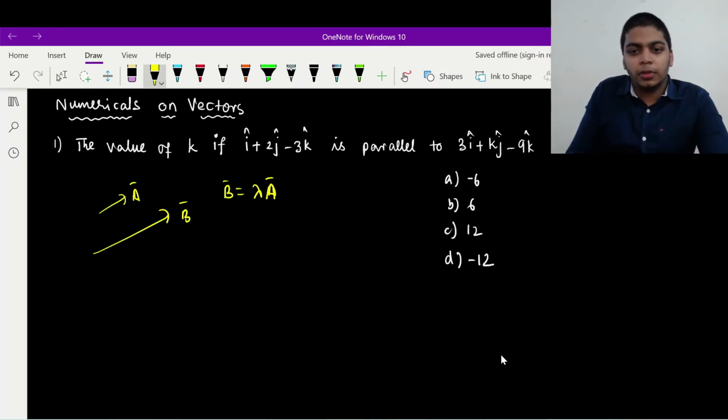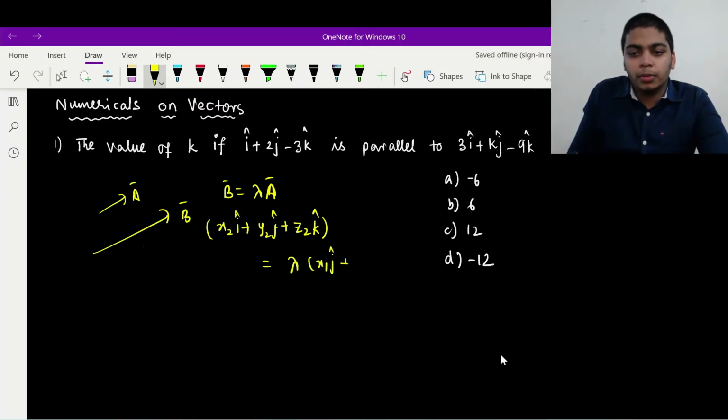With this concept, let's take our b bar as x2 i cap plus y2 j cap plus z2 k cap, and our a bar as x1 i cap plus y1 j cap plus z1 k cap.